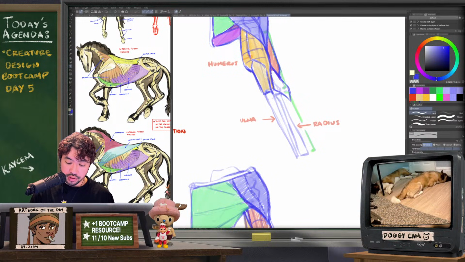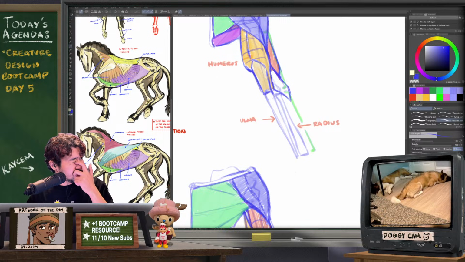These are kind of 2 sections of muscle. One of them is the brachioradialis, and then the other one is known as... I wonder if you guys can see them. You can probably see them on the sheet.